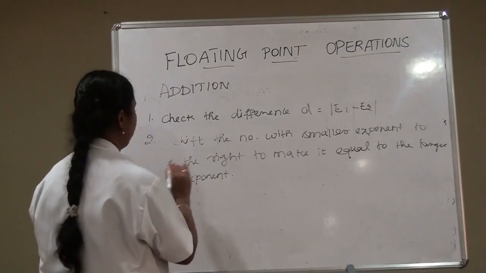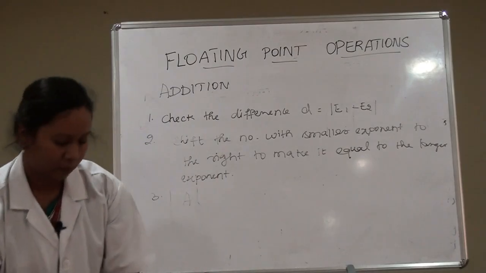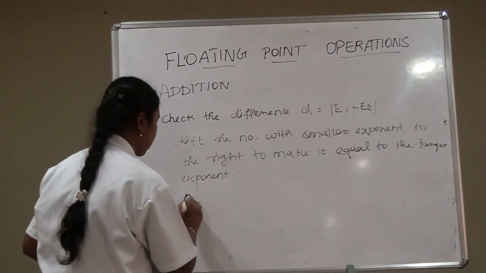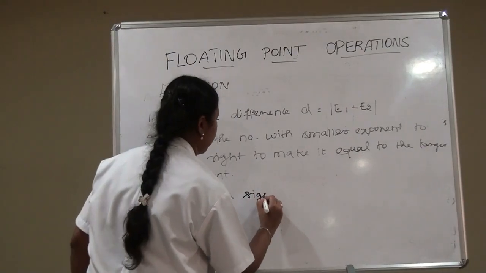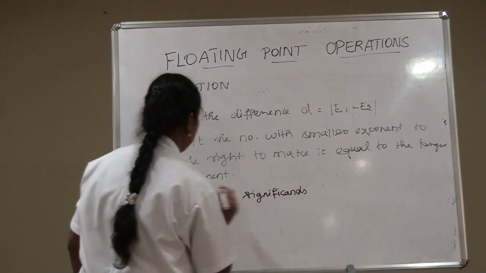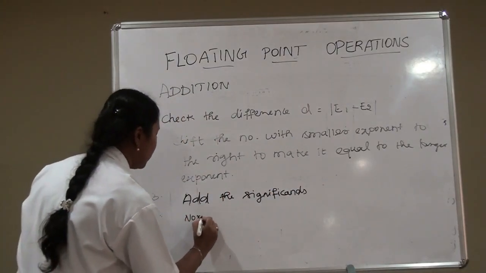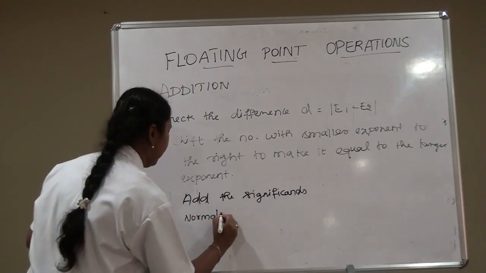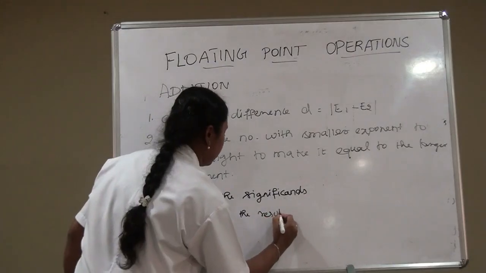Next step, after performing this, we are going to add the significands. After performing the addition of the significands, we are going to normalize the resultant significand.